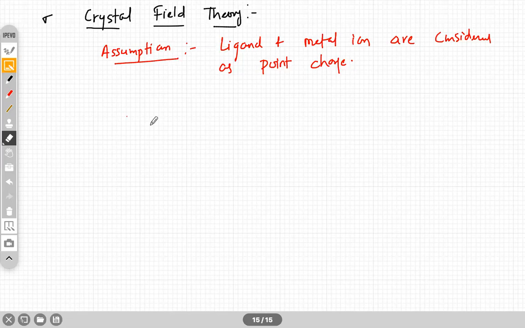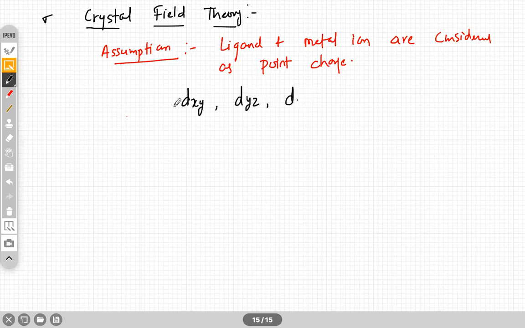The splitting of orbitals happens in this way: all non-axial orbitals, for example dxy, dyz, dzx, go into one set, and this set we call T2g orbitals.